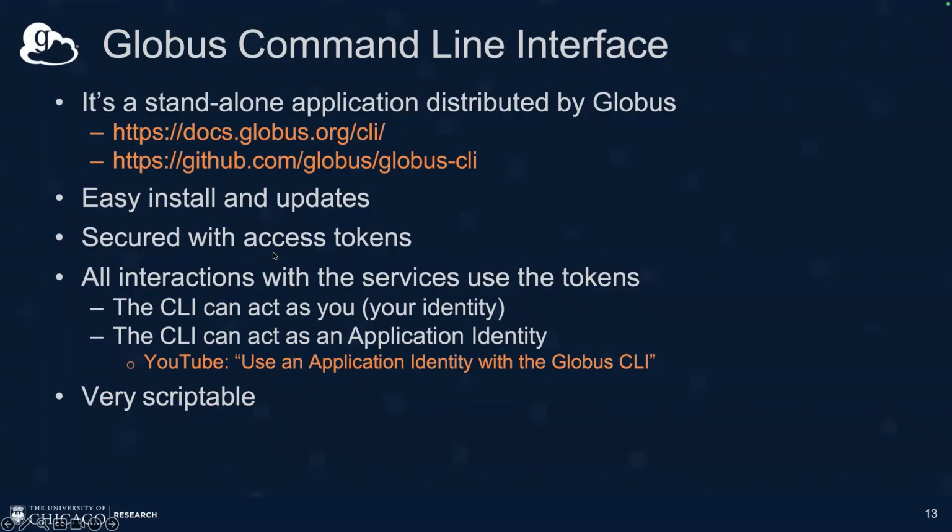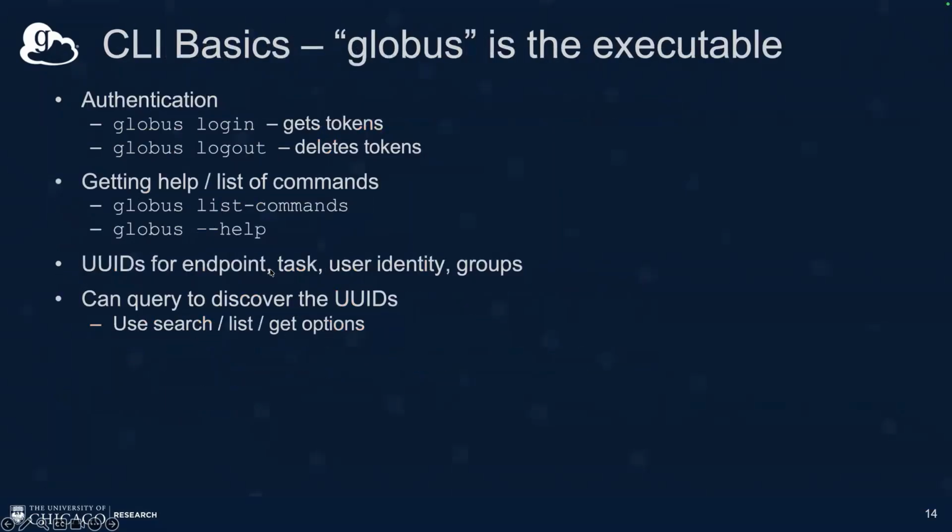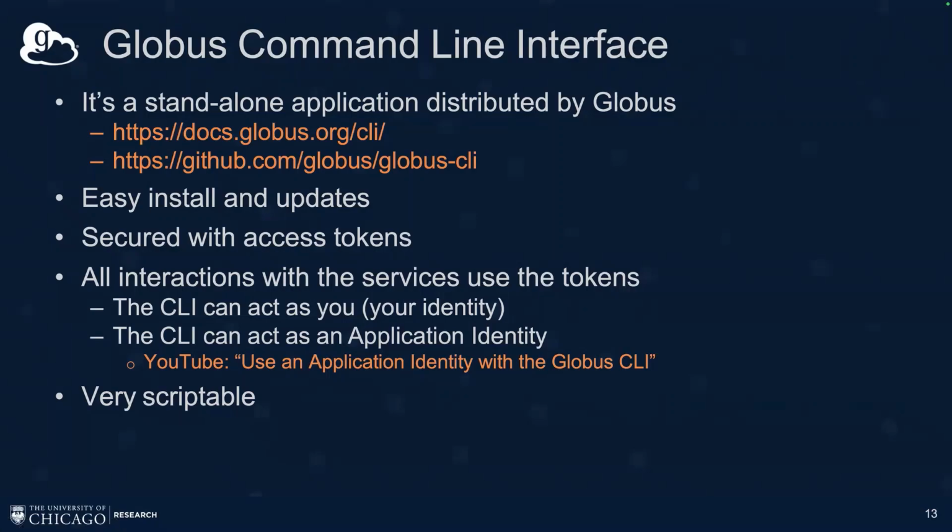It's very easy to use. It uses all of the same Globus security that our web application uses, which means it uses access tokens, but it manages them all for you. So you do Globus login, Globus logout, all those great command line things, and it will manage all of the tokens that are needed for the things you need to do. If you ask to do something that needs a new access token, whoops, it'll walk you through the process of getting whatever you need.